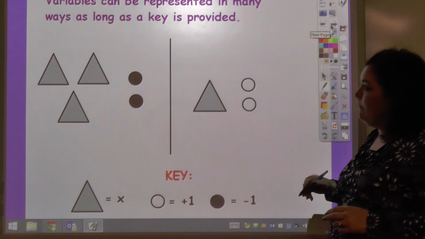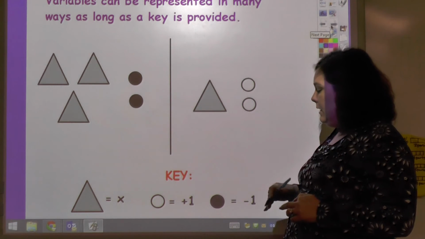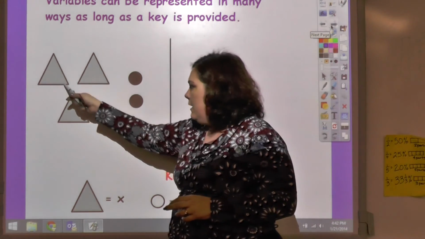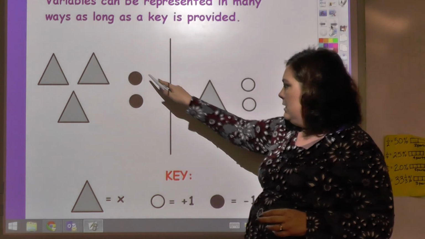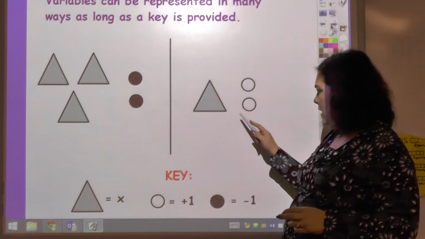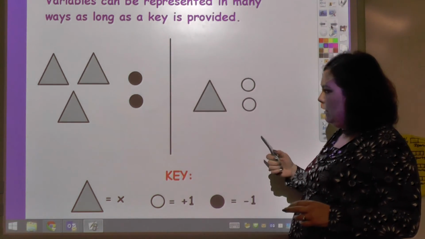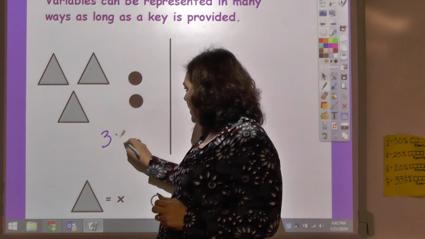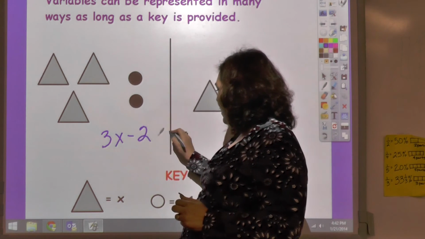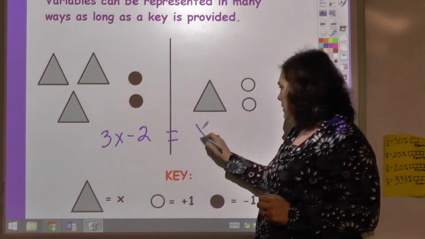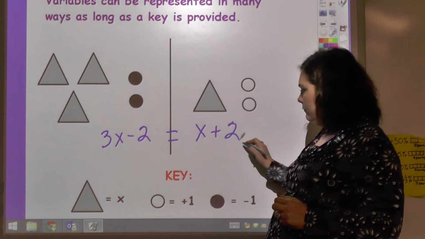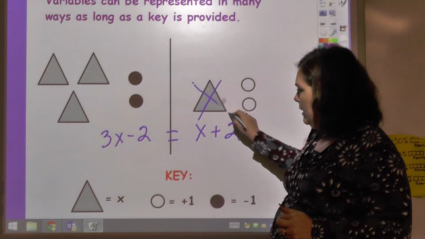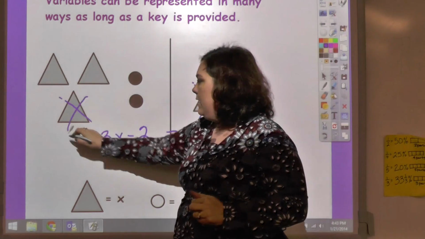Okay, variables can be represented in many ways as long as a key is provided. So this tells you that these are x, and this is negative ones, and this is x, and this is positive. So let's do this. Let's write it out. 3x minus 2 equals x plus 2. Okay? So in the model, you can cancel this out and cancel this out because they weigh the same.